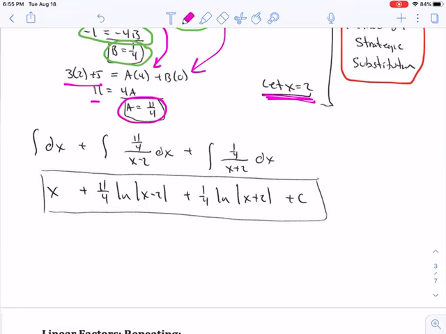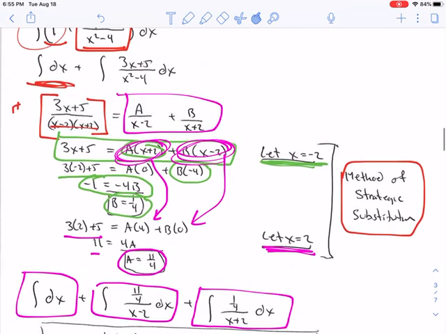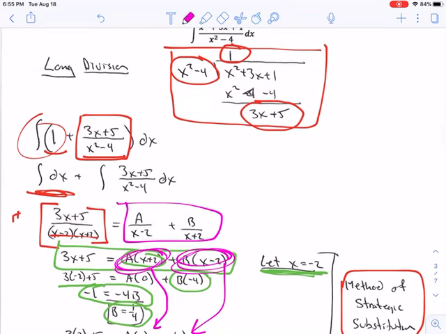Here's substituting in the A in the numerator. Here's substituting in the B in the numerator. And of course, here was the integral of 1 dx. Remember I said don't forget that? That comes from right up here. That dx has got to come on down too.